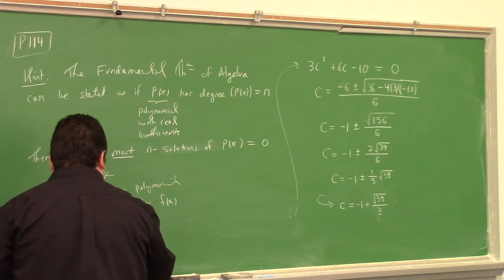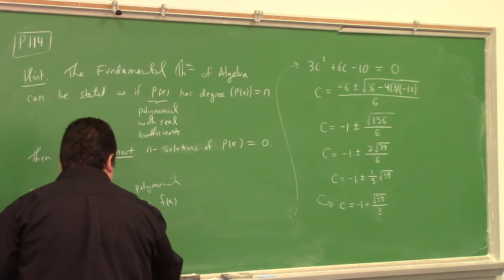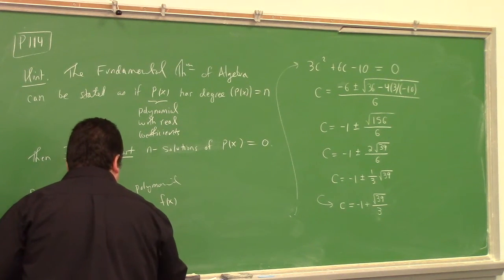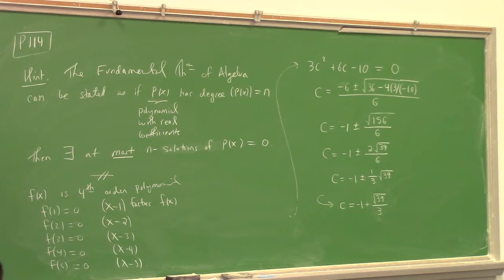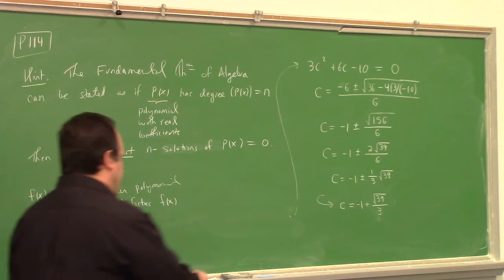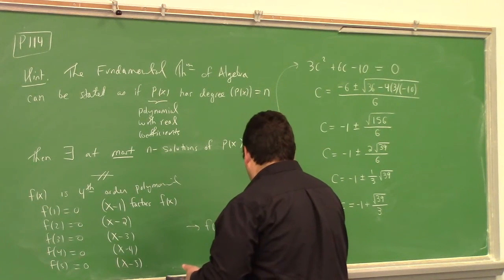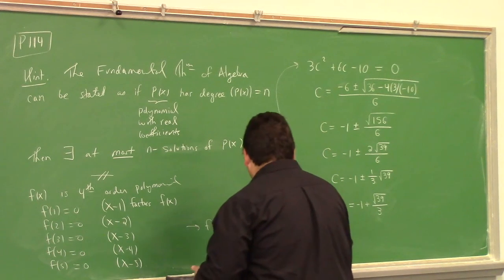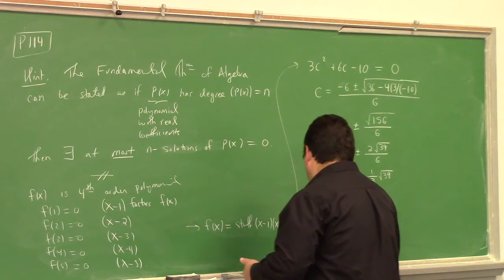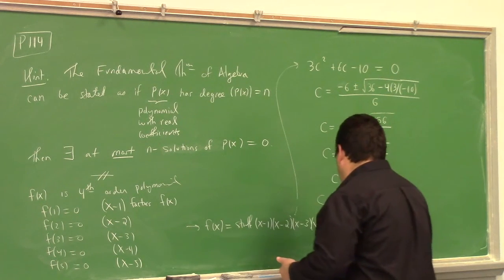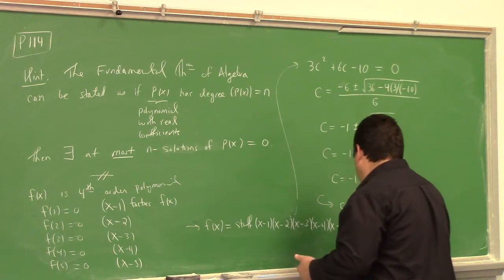And then there would be an x minus 3 factor, an x minus 4 factor, and an x minus 5 factor for f of x. So you could write f of x as stuff times x minus 1 times x minus 2 times x minus 3 times x minus 4 times x minus 5.